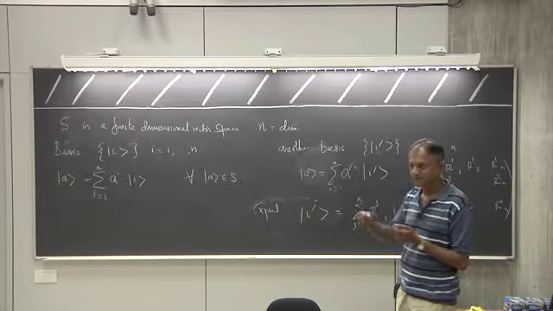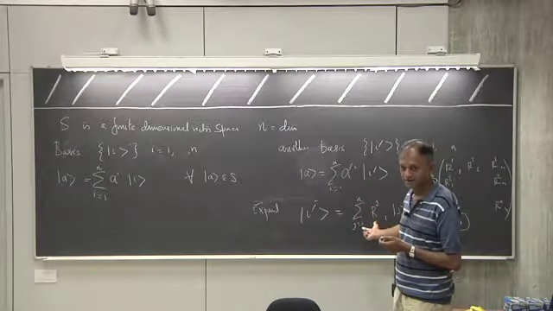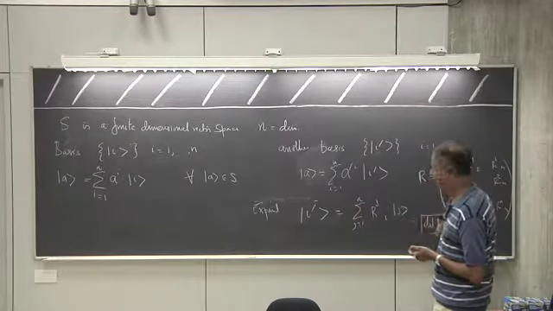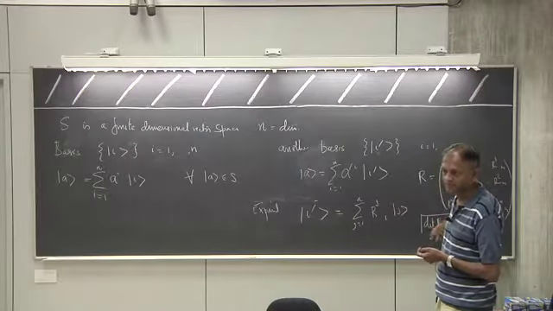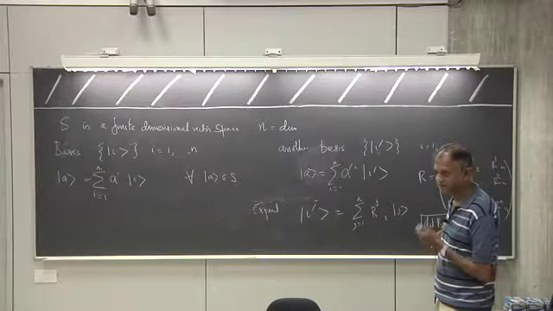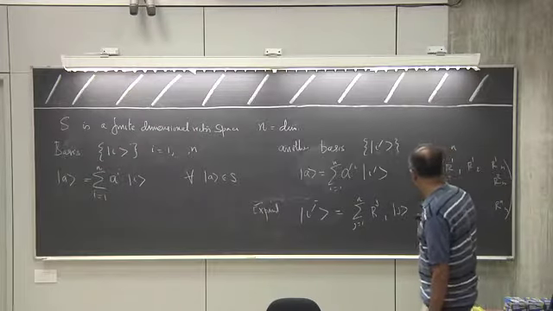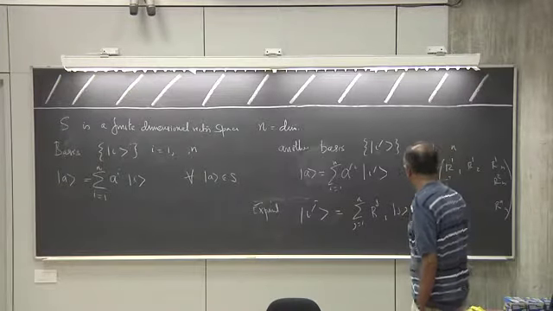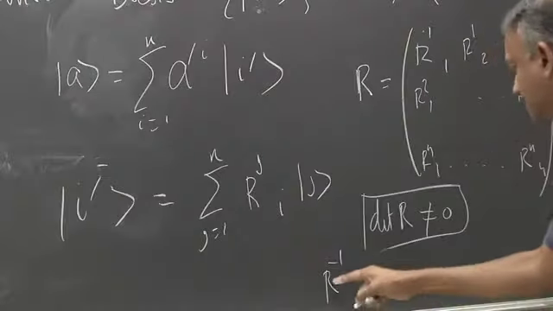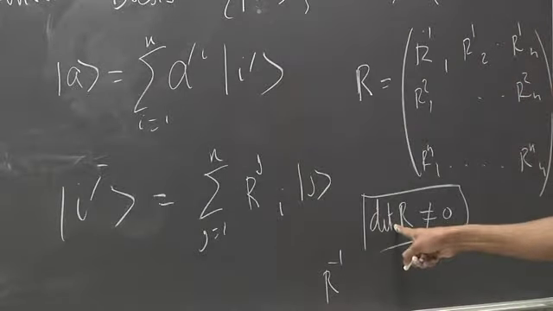So the inverse must exist, and the necessary condition for the inverse to exist is that the determinant of that matrix is not 0. So R inverse exists. In fact, because it exists, that's why we said the determinant of R is not 0.